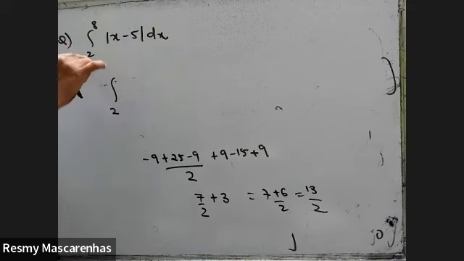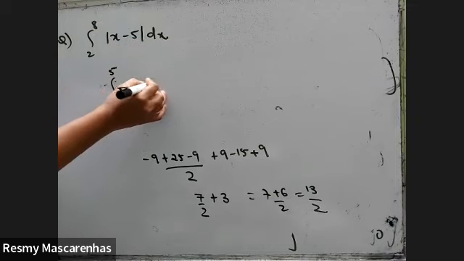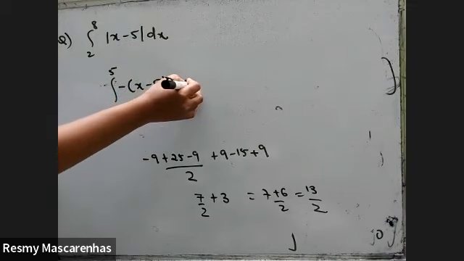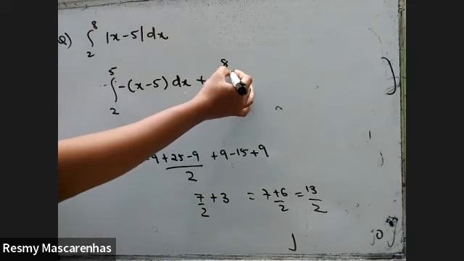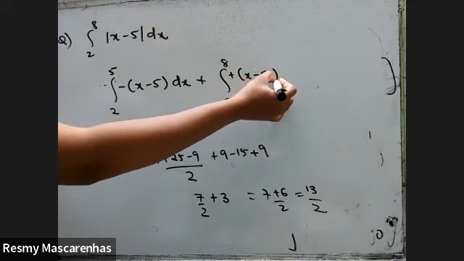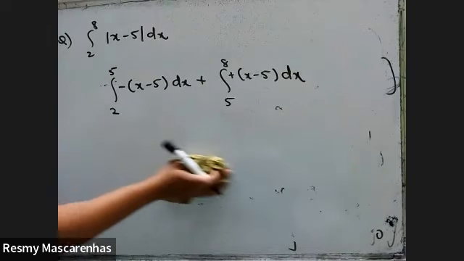The first part you have to split from 2 to 5, and there you have to put minus. And then from 5 to 8 you have to put plus. And then solve. Leave some space for that.